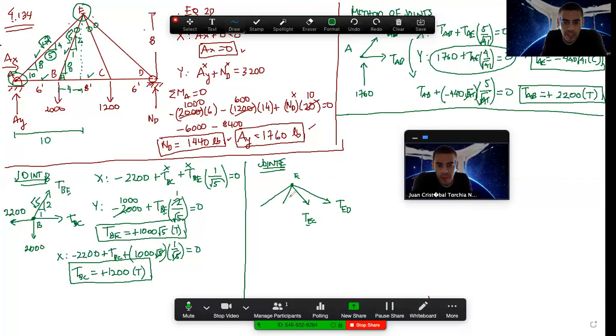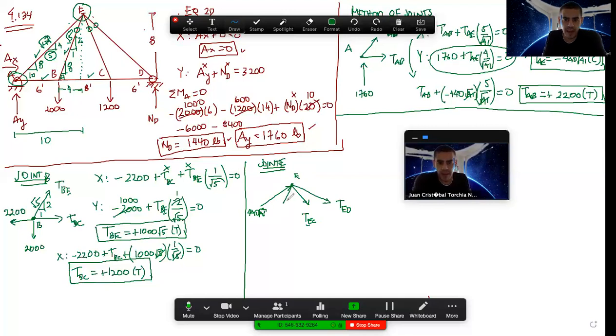Okay, now about these guys that I already know, let's just go to AE again. AE again, I had it over here and it was compression. So if it's compression, it should be pushing in the joint and with this magnitude. So I'm gonna put the 440 square root of 41. So whatever is that. Okay, so this is this.